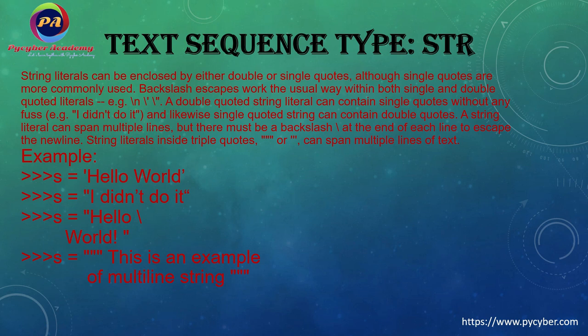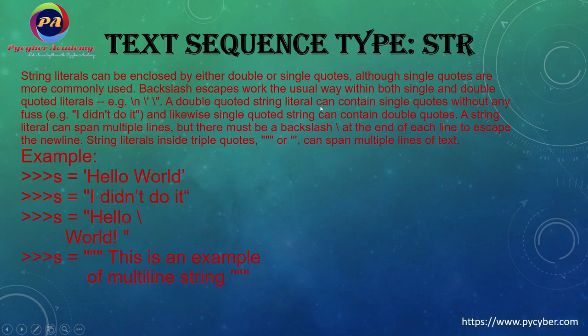Backslash escapes work the usual way within both single and double quoted literals. Like in this example, s equals hello, backslash, world, in the next line. Here we used this backslash escape, and that works for single quotes as well as double quotes.